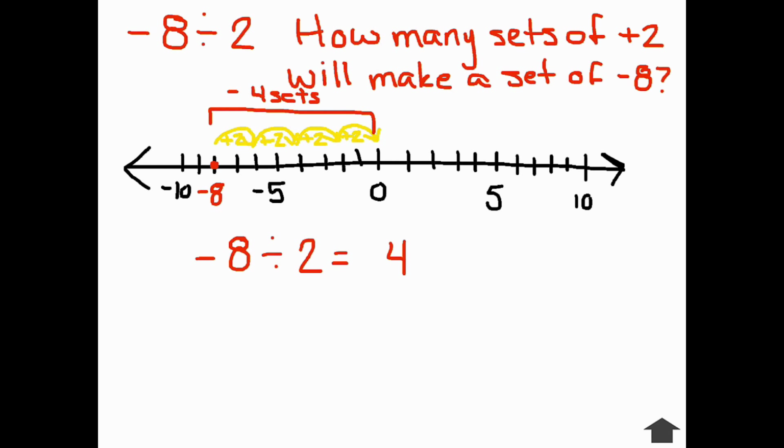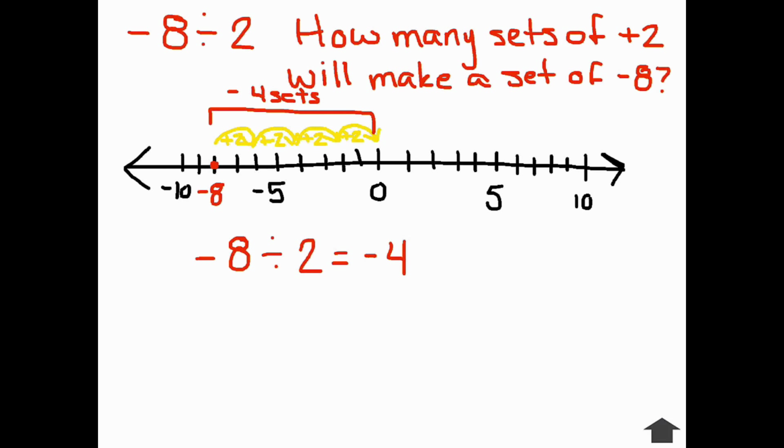Because we subtracted, we put that subtraction or negative sign in front of the 4, letting us know that really what we were doing was taking away those 4 sets so that we could make it all the way to the negative 8 using our positive 2's.